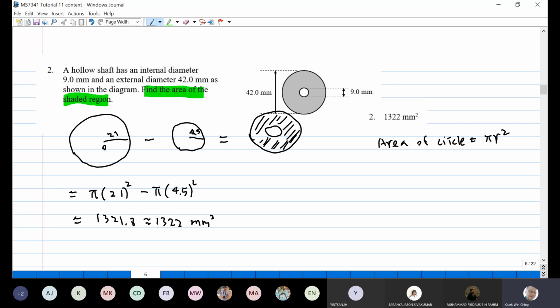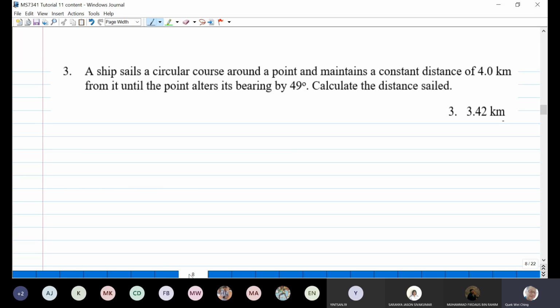Okay, so let's move on to the next question. This is about a circle again. A ship sails a circular course around a point and maintains a constant distance of 4.0 km from it until the point alters its bearing by 49 degrees.